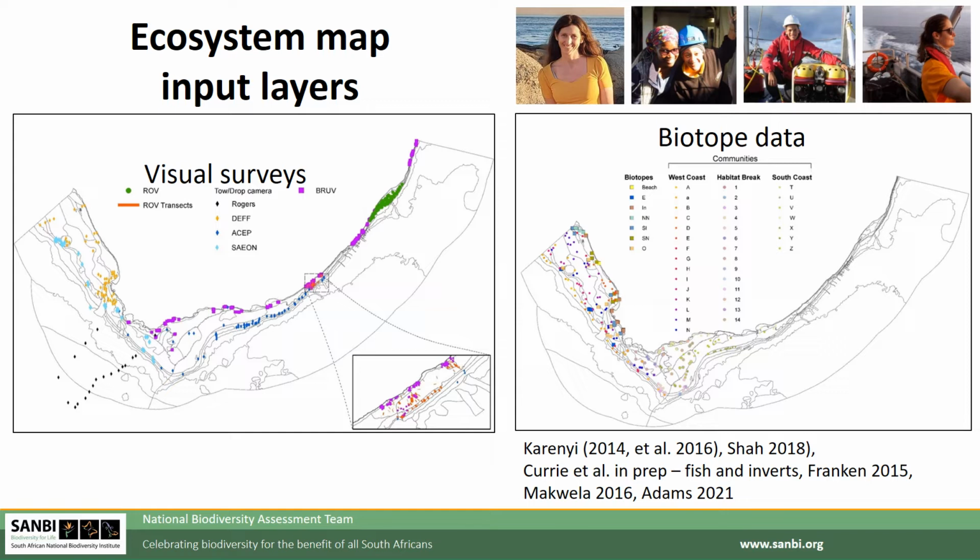We've been working with many students analyzing this data, sometimes into a biotope or community type map. On the right, you can see some of the biotope data sets. That's where we have done analyses of species composition and abundance to define what we call community types or assemblages or biotopes. So that's the biology together with the habitat. And these have been a useful input into our marine ecosystem classification and map.